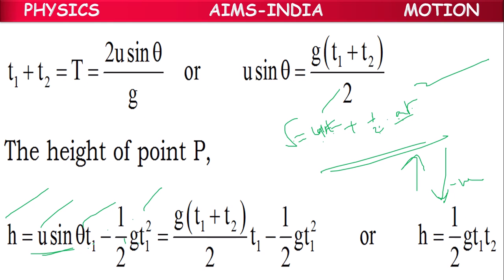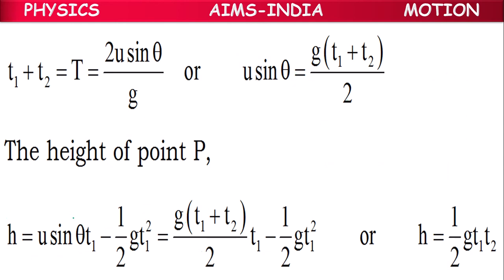Again, that is equal to. So here we have got u sin theta value, g into t1 plus t2 by 2. So in the place of u sin theta, we can keep g into t1 plus t2 by 2 into t1 minus half g t1 square.